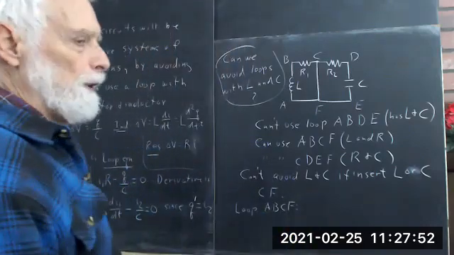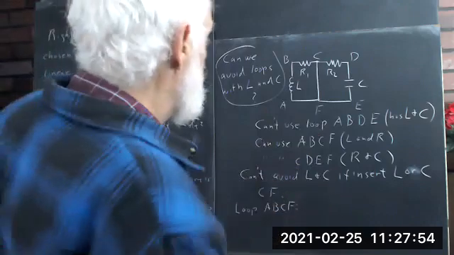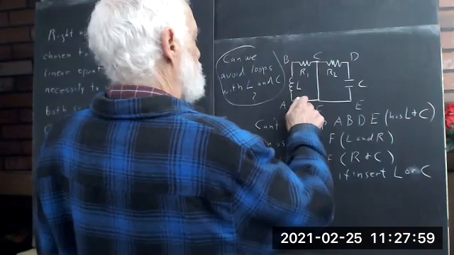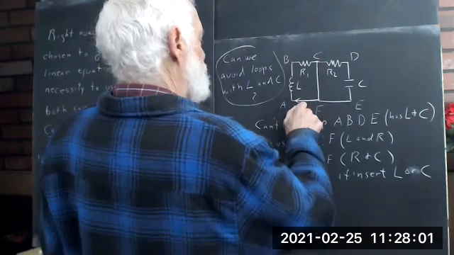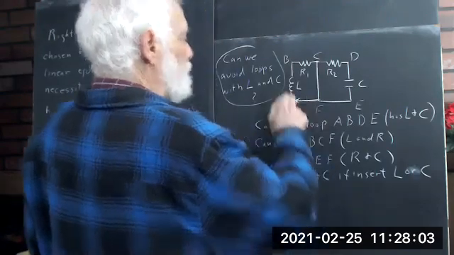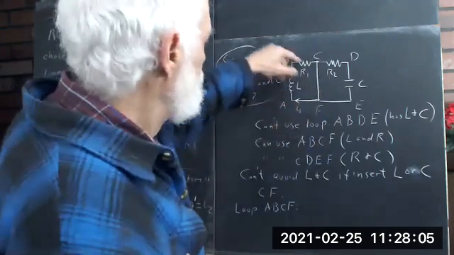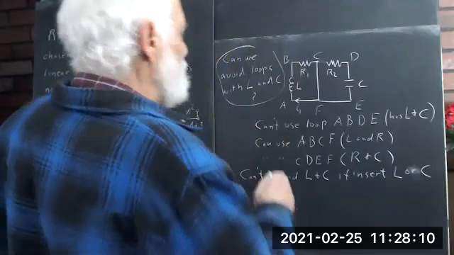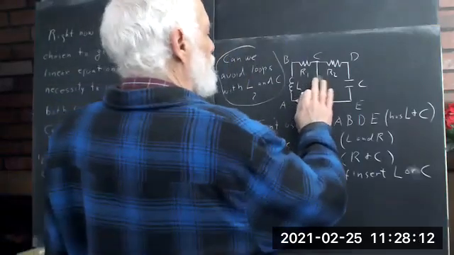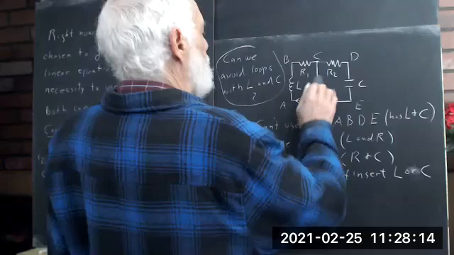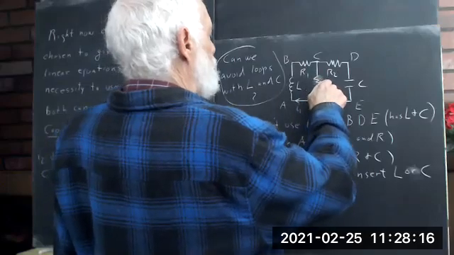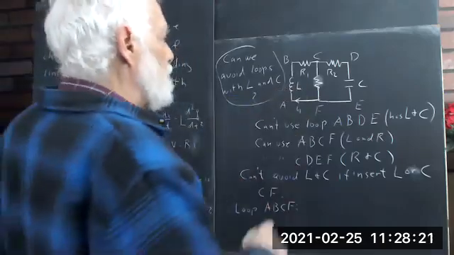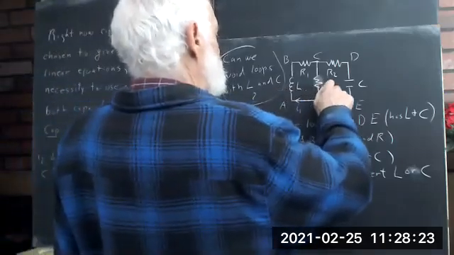Okay, what about loop ABCF? Well, we need some currents. So we're going to have a current I1 through both this inductor and this resistor. And the only thing we can put in here now is a bad looking resistor. So we're going to call this R3.